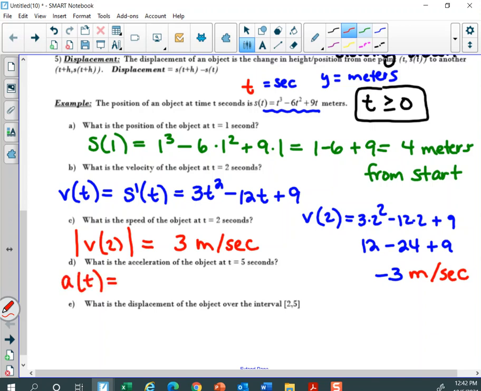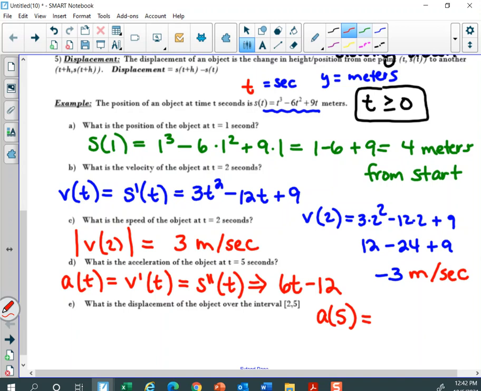The acceleration function is the derivative of the velocity, or the second derivative of the position. In this case, that takes me to 6t minus 12. So my acceleration at time 5 is going to be 6 times 5, oops, sorry, 6 times 5 minus 12, 18.